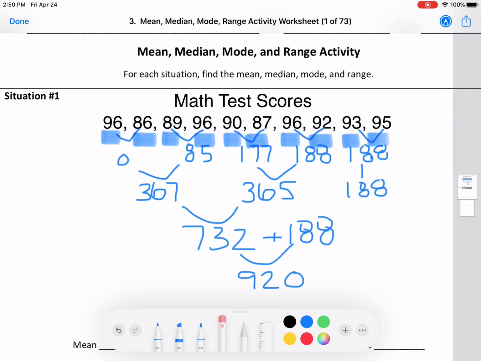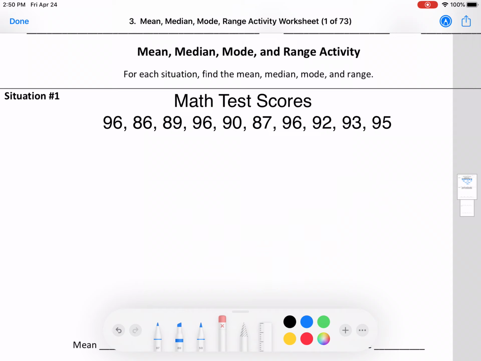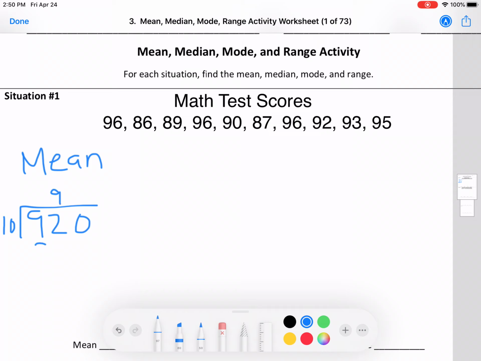I'm going to erase this so I have some more space. So for my mean, I'm going to take 920 and divide that by 10. 10 goes into 92 9 times. 9 times 10 is 90.